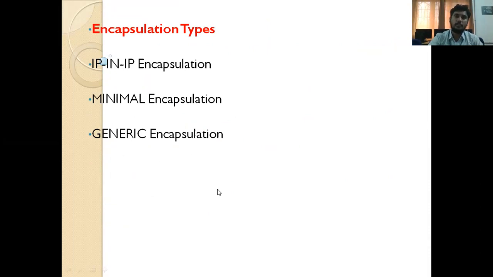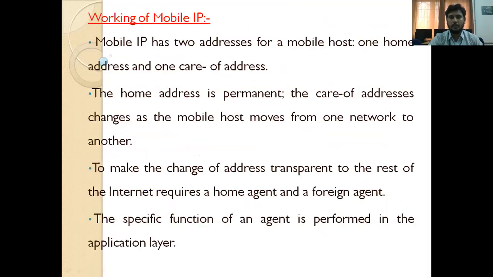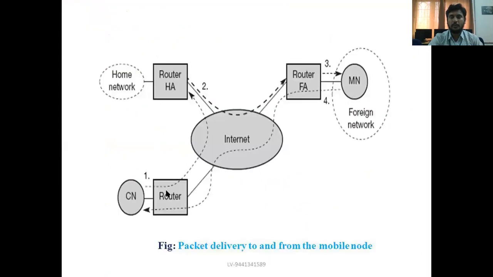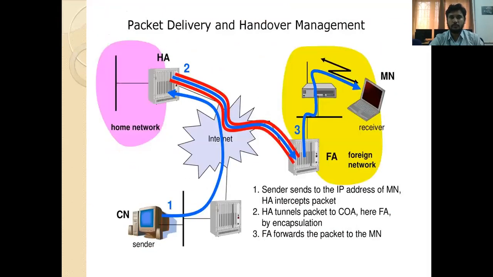Before that, in the previous video, we covered the topic of IP packet delivery: how an IP packet is delivered from one station to another station, and how a packet is transmitted via the home agents and the foreign agents by using the internet.